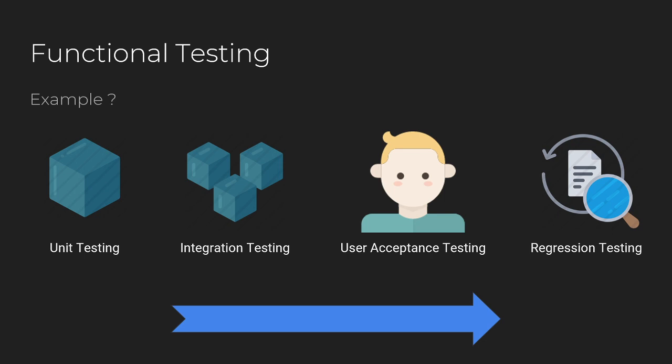And after we finish the unit testing, on each of the components, whether you have a microservice or a three-tier architecture, whatever it is, you have to perform the unit testing just to make sure that each component is working properly. And then we have integration testing.